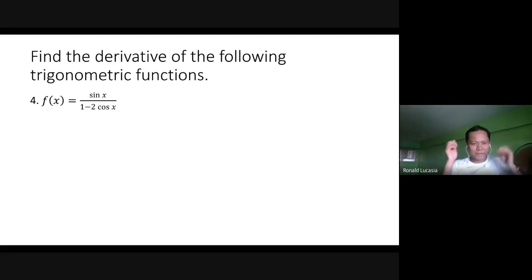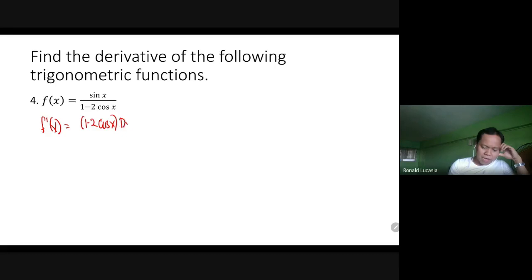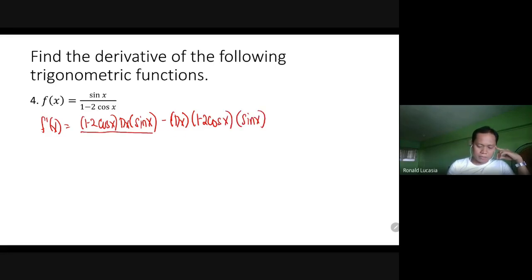So we have here, its derivative is the denominator, which is 1 minus 2 cosine x, multiplied by the derivative of the numerator, which is sine x, minus yung derivative ni denominator, cosine x times the numerator, all over the denominator squared.